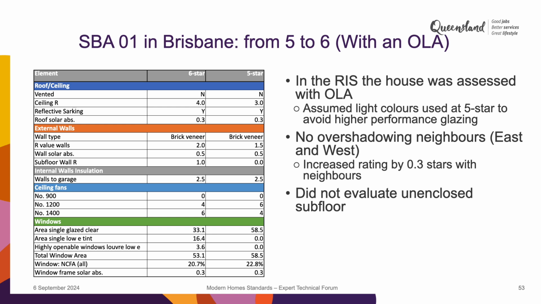Reason being, firstly, they provide a bit higher airspeed, and secondly, their effect is felt over a greater proportion of the room. When it comes to the glazing, at 5 stars, clear single glaze was fine. At 6 stars, you need some single low E with a tint. Not the whole house. Always focus that high performance glazing, if you're an assessor, on the rooms with the highest cooling loads.